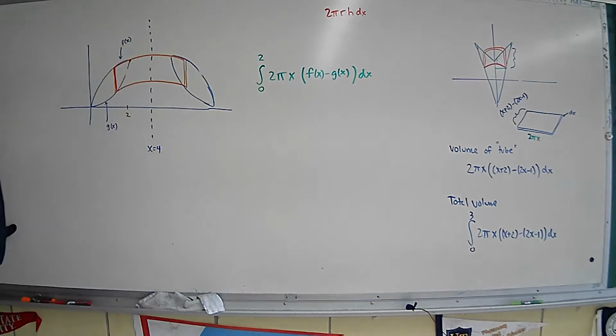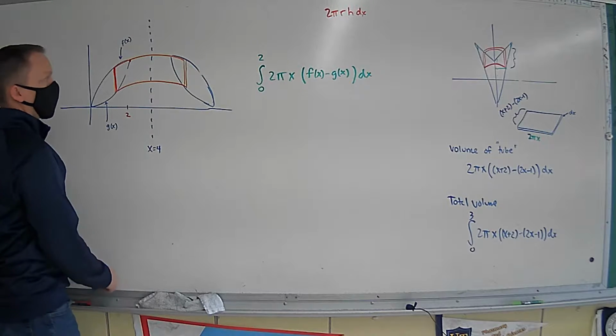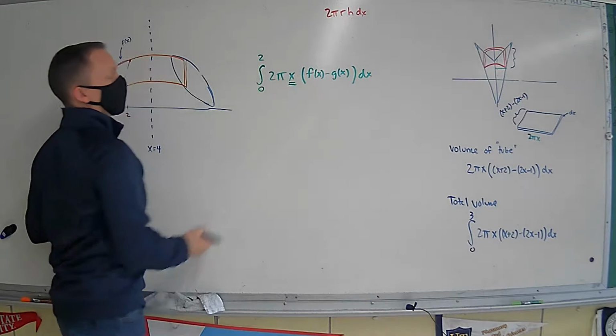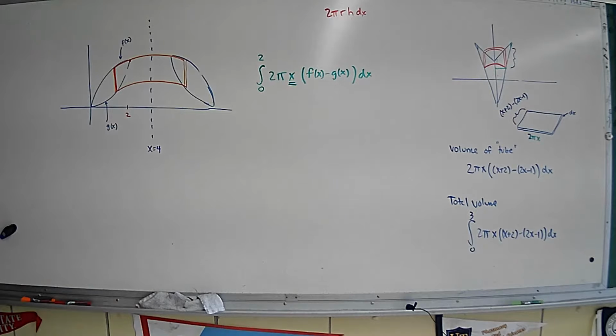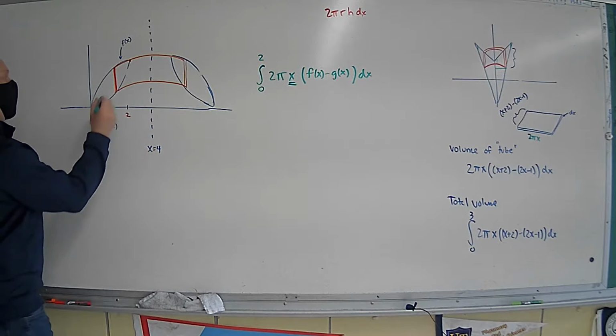That's the answer that I was expecting you to put initially. But the deal is, friends, what you were assuming was the radius, the radius of that shell is not x.